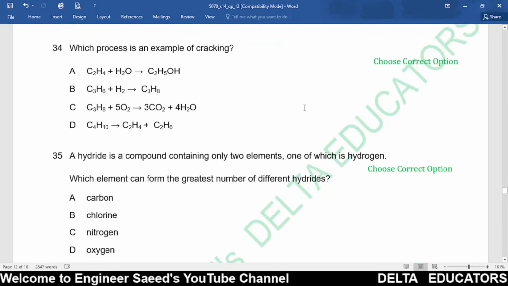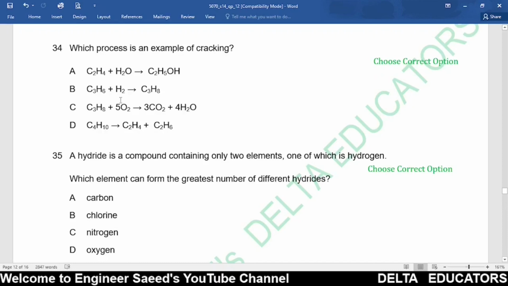Question number 34. Which process is an example of cracking? Option A, ethene is reacted with water and we get ethanol. This reaction is an addition reaction. B, here we have propene. Propene is reacted with hydrogen and we get propane. This one is called hydrogenation. See, here we have propane.